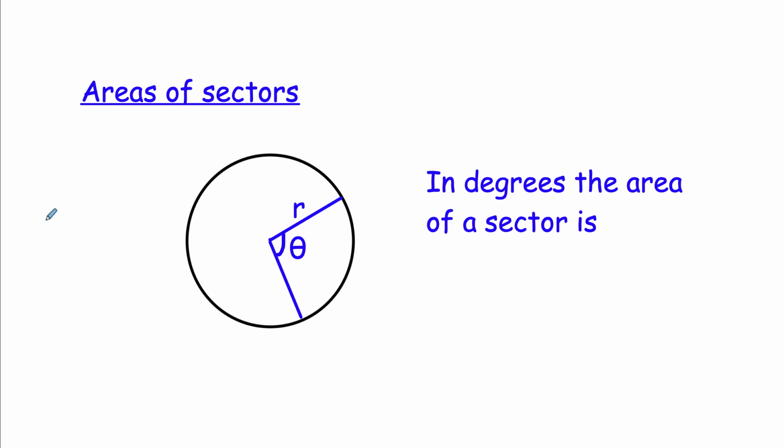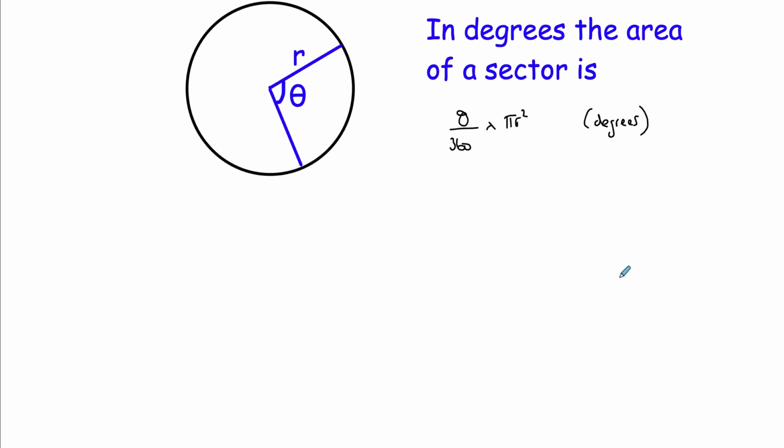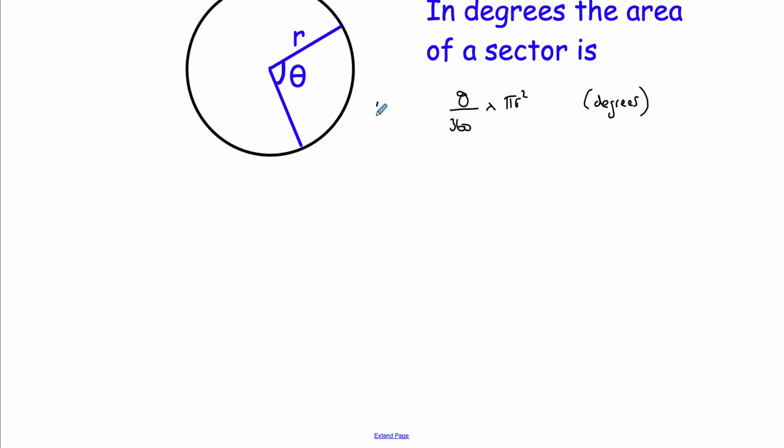For area, we've just said that in degrees, that's theta out of 360 times pi r squared. That's our degrees equation. But if we do the same thing again and convert the 360 into radians, which is 2 pi again, then we can't cancel the 2's this time, but we can cancel the pi.